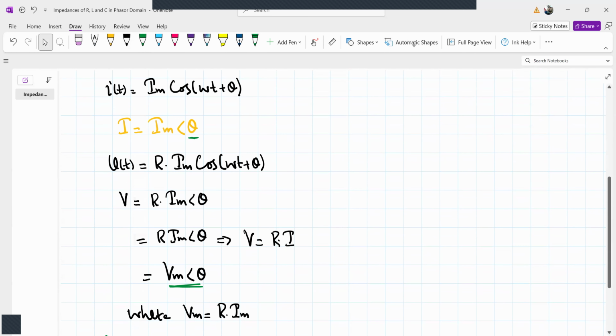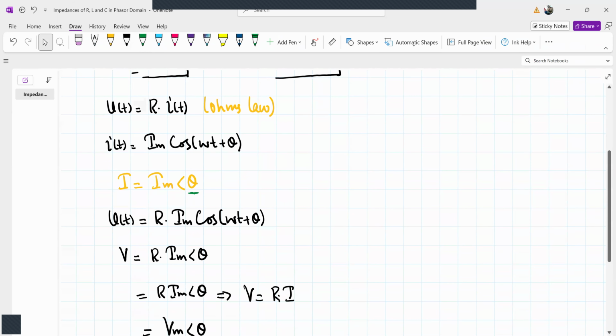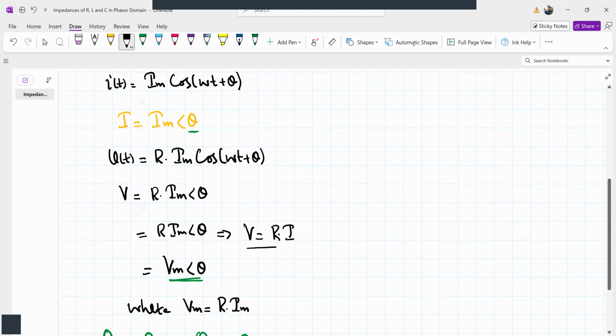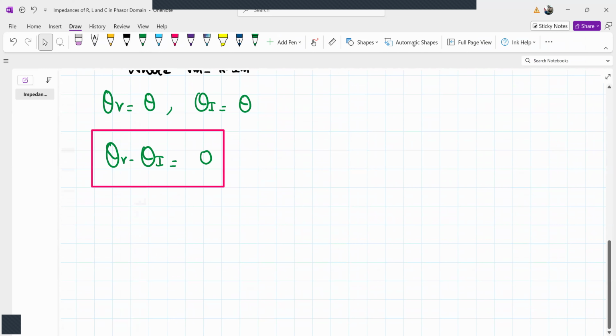So we can write V is equal to I phasor times R, okay? So in other words, V phasor and I phasor are related by R. Now V phasor by I phasor is referred to as the impedance offered by the element. So this is the impedance.